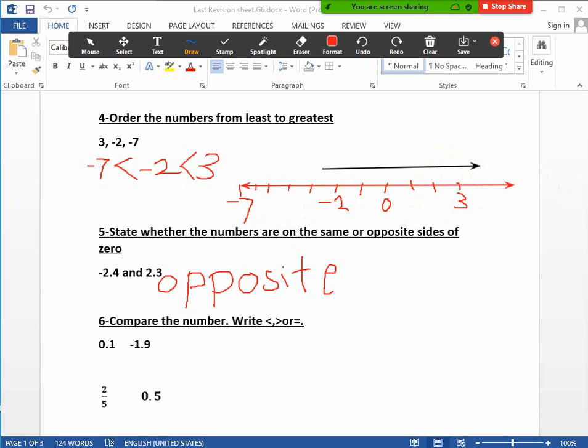Now I want to compare the numbers: greater, smaller, or equal. The first two numbers are 0.1 and negative 1.9. Okay, Farah, open the mic.